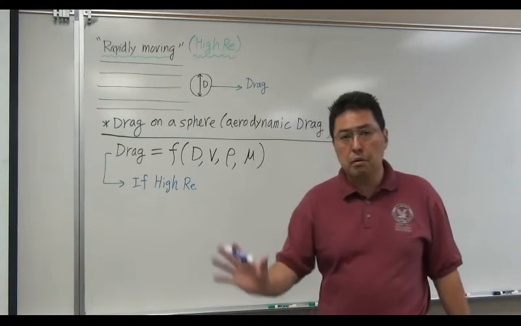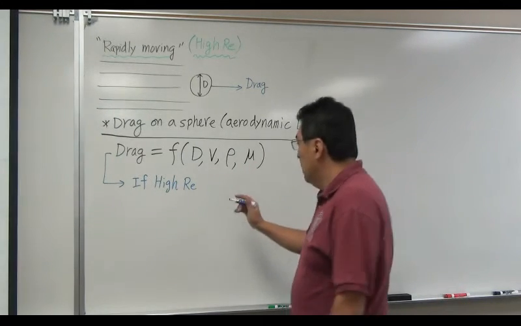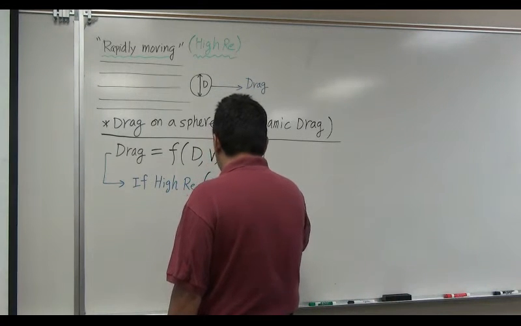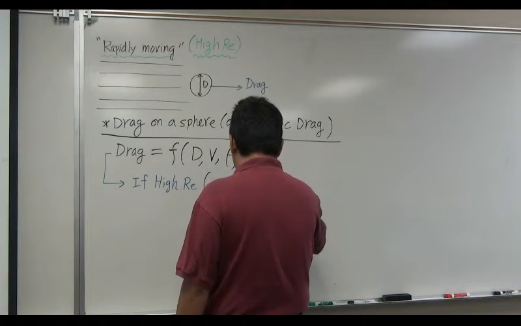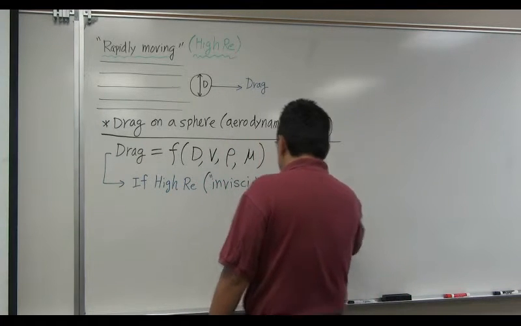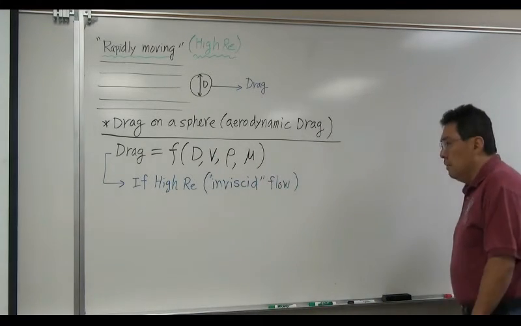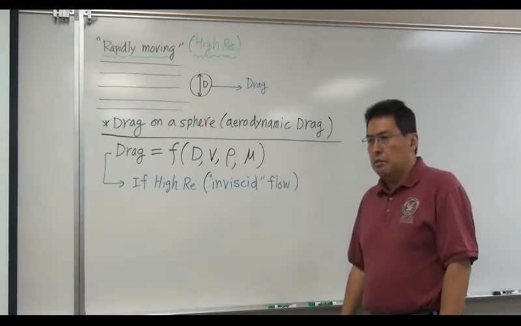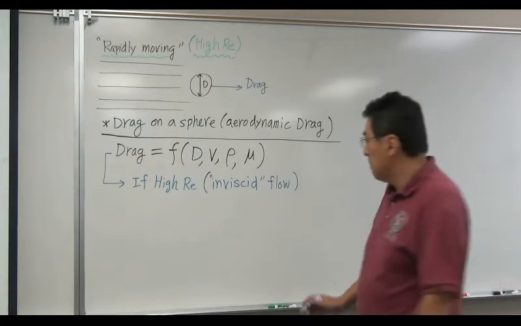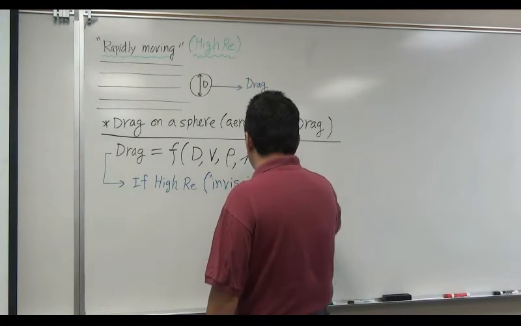So you can actually ignore the viscosity. So this is the definition of inviscid flow. Inviscid flow really means that we can for a moment ignore the viscosity. We are going to talk about the inviscid flow assumption in aerodynamics. Inviscid flow means we ignore that.